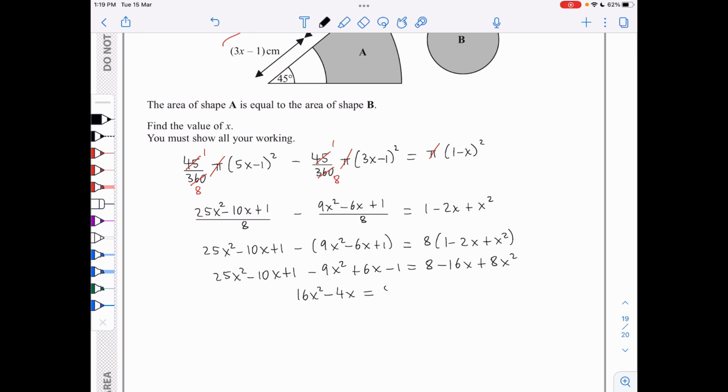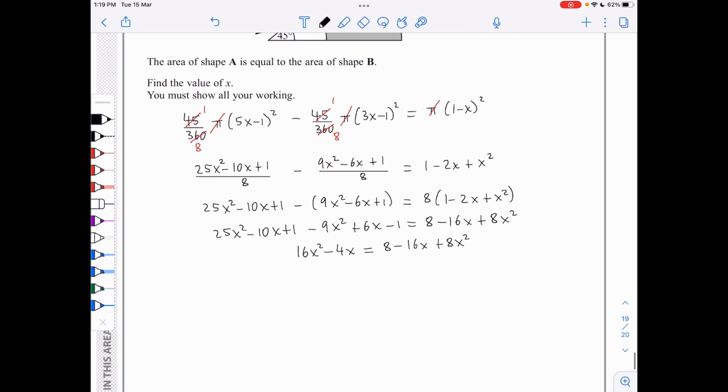On the right hand side, I've got 8 minus 16x plus 8x squared. I'll collect everything on the left, leading to 8x squared plus 12x minus 8 is 0. Everything is divisible by 4, so 2x squared plus 3x minus 2 is 0.